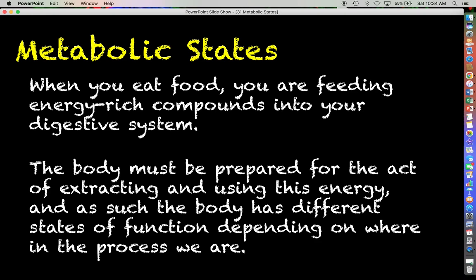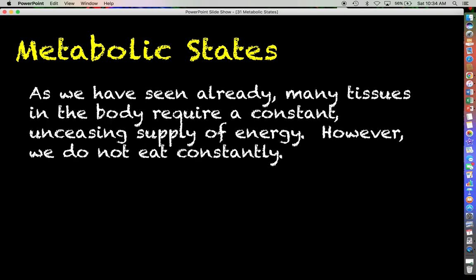So the body must be prepared for the act of extracting and using the energy that is in that food. And as such, the body, as complex as metabolism is, has a number of different states of function depending on where in the process we are. Did we just eat a big meal, or has it been 5 or 6 hours since we've eaten anything? So we are going to explore different metabolic states here today.